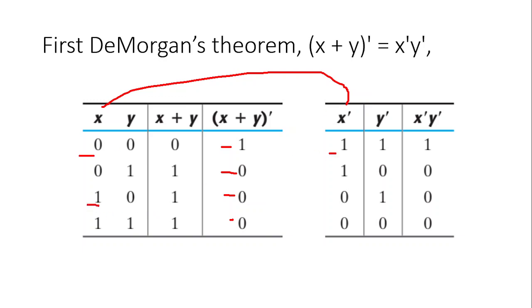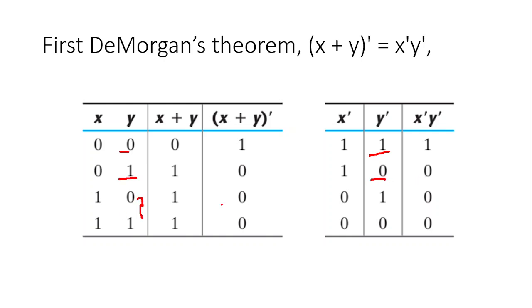When x is 1, x bar must be 0. Now take the complement of y. When y is 0, y bar must be 1, and when y is 1, y bar must be 0, and that is true for the remaining two.